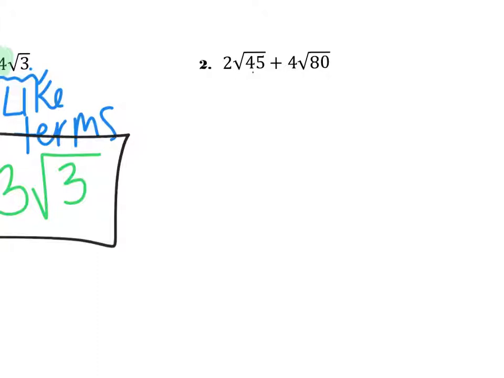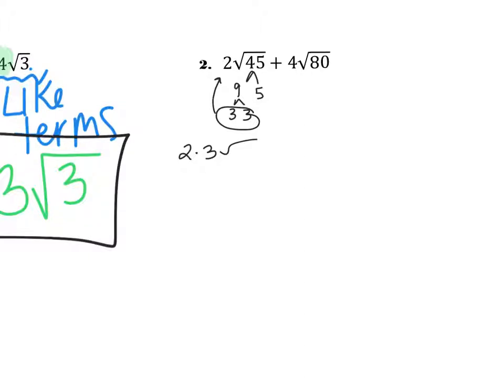Okay, so I'm going to use my factor tree and come up with 2 numbers that multiply to 45, and the first 2 numbers that pop into my mind are 9 times 5, and then I'm going to break the 9 down into 3 times 3. Okay, so I notice a pair of 3's that are going to group up and pop out of the radical. So out in front I'm going to have the 2 that was originally there, but joining that 2 now is the 3, because remember I found a pair of 3's.